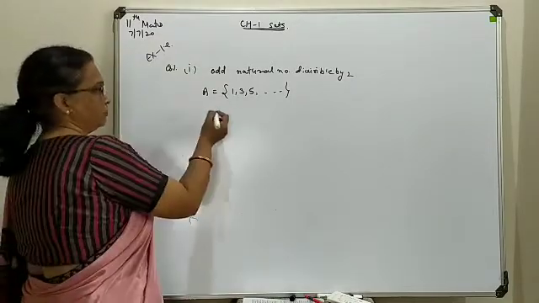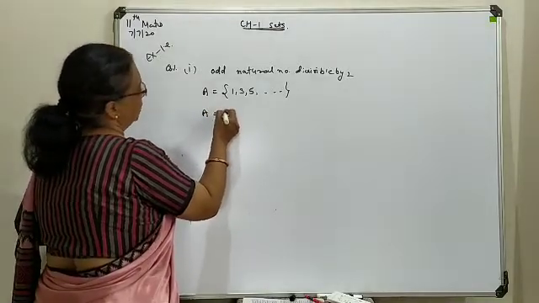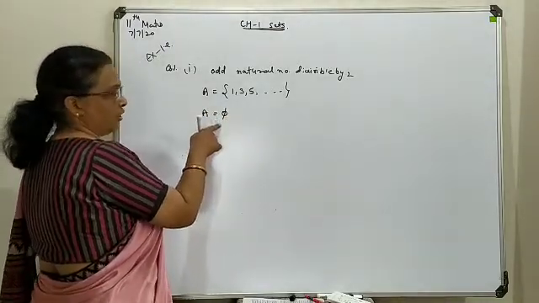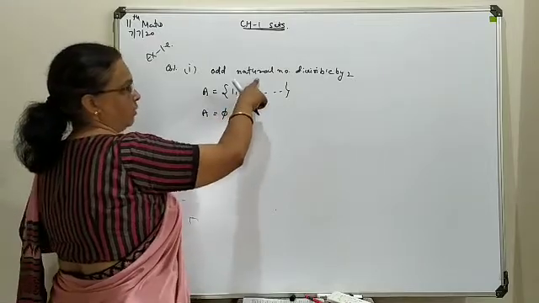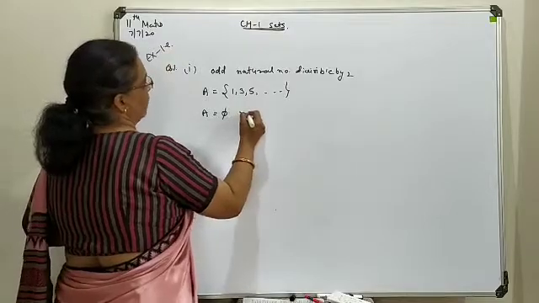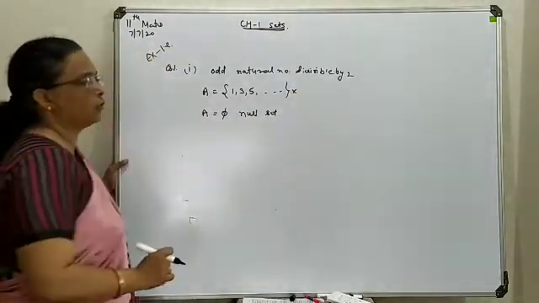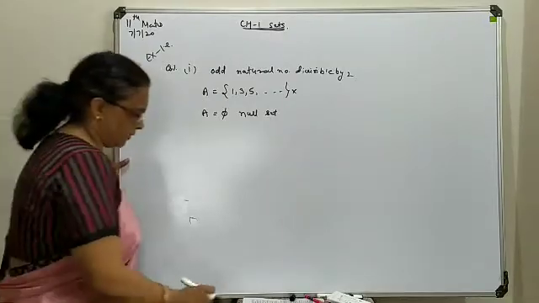So here your set A will be a null set. None of such elements can be defined which is an odd natural number with divisibility by 2. So it is a null set. This way you have to define the elements.